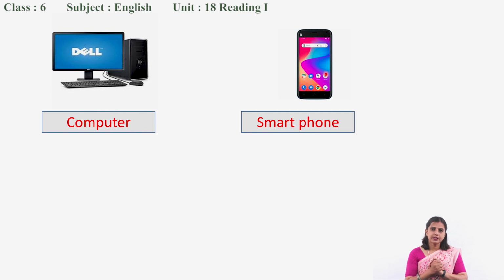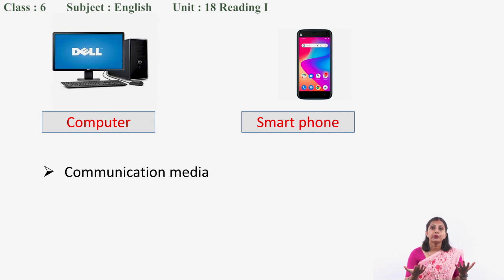Now can you just tell me something about them? What are they? Are they food materials? Or are they furniture? Yes, they are communication media. They are used for communication, for transferring data from one person to another.